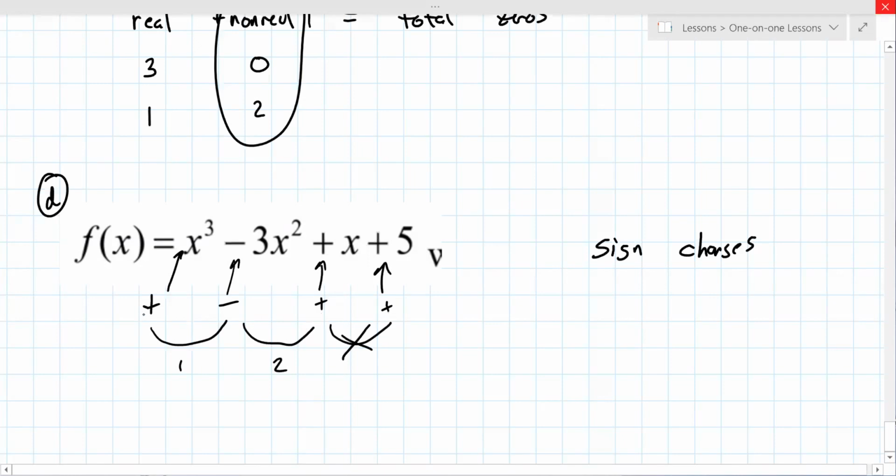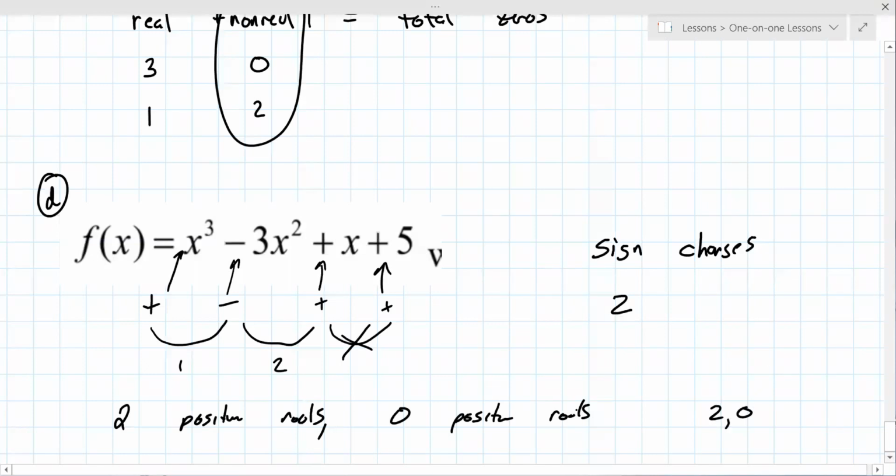So going plus to minus, minus to plus, those both work. Since there are 2 sign changes, it could have 2 positive roots, or you subtract 2 from this number and it could have 0 positive roots. We don't know. It just says how many could be. So the answer here is 2 or 0.